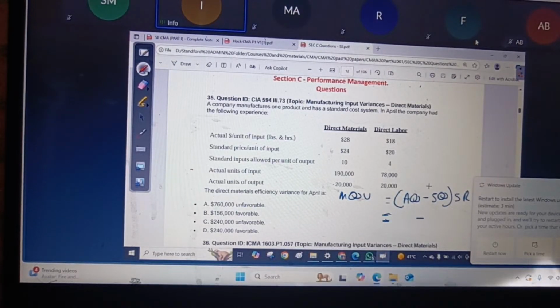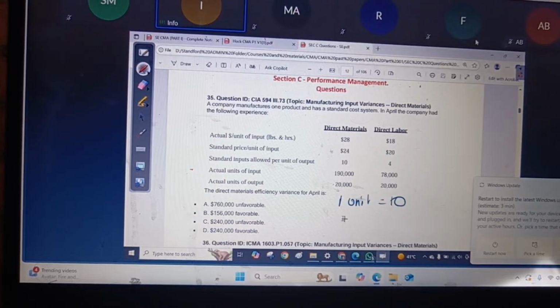This will be 190K. This will be 78K. They are asking about the standard inputs allowed per unit. This is 1 per unit, right? Per unit is 10. So 1 unit, they're using 10.